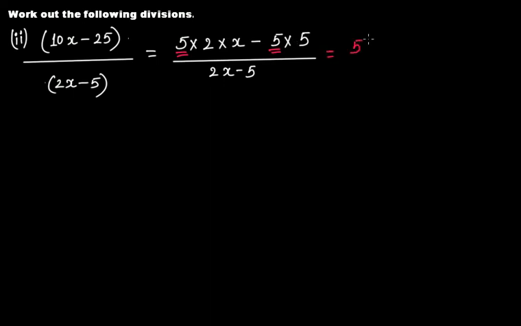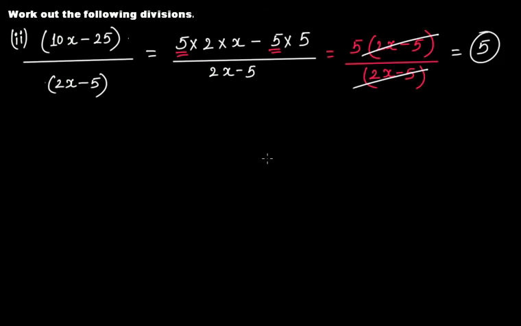Taking out 5 within the bracket, you will have 2x minus 5. And which property have we used here? We have used the distributive property of multiplication over subtraction, and this is 2x minus 5. Now 2x minus 5 multiplied by 2x minus 5 in the numerator, and in the denominator you have 2x minus 5. These two factors are common, the same. Therefore, you are left with only 5. So 5 is your answer in this case.